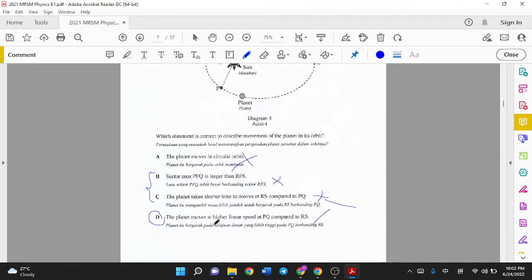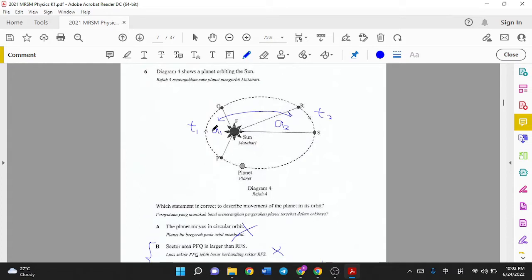Why does it move at a higher linear speed at PQ? Because we already know the time taken for the planet to move from point P to point Q is the same as from R to S. You can observe that the distance PQ is longer than RS.